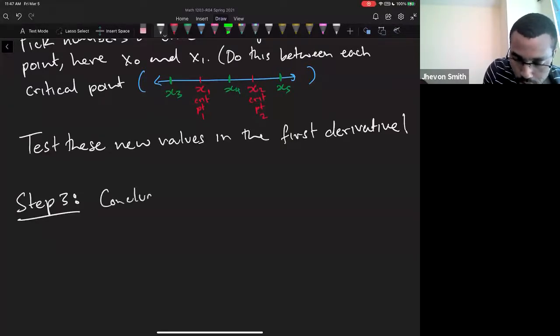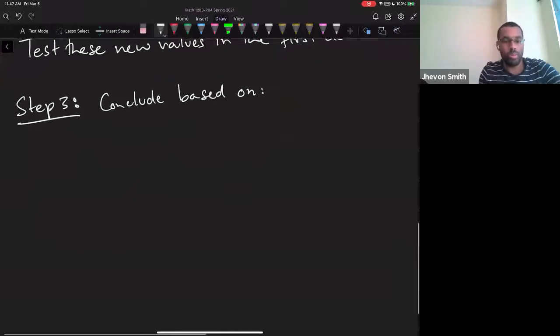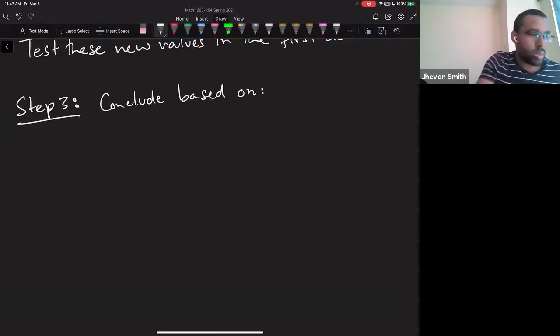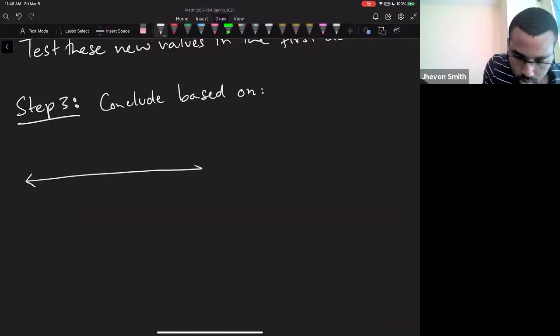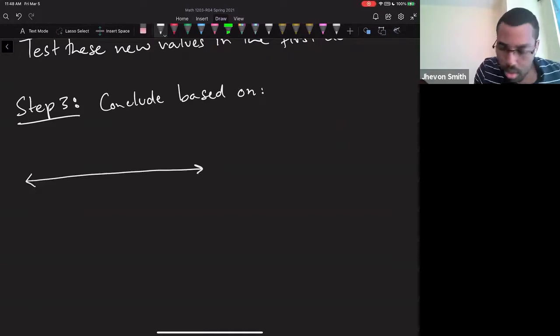Conclude based on the following. So here's one scenario, where you need to show where it's increasing and decreasing. Versus this.